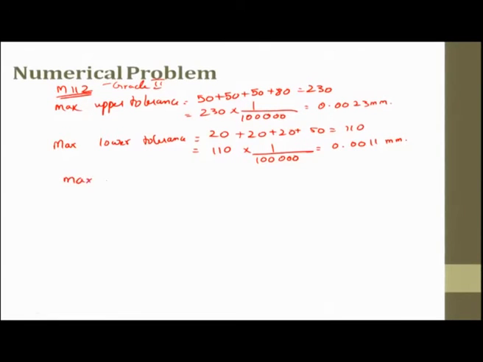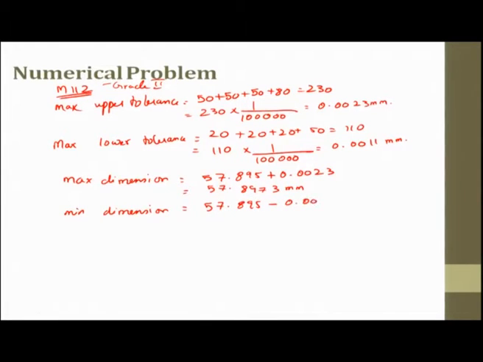So, the maximum dimension in this grade M112 will be 57.895 plus 0.0023, which is nothing but 57.8973 millimeter, and the minimum dimension is going to be 57.895 minus 0.0023, which is nothing but 57.8939 millimeter.